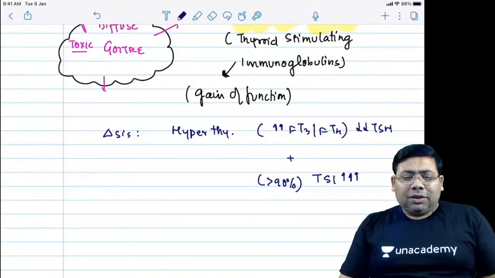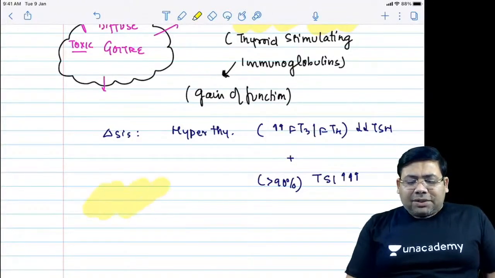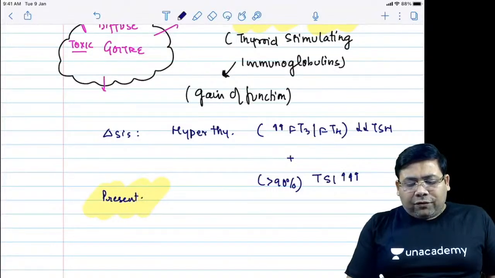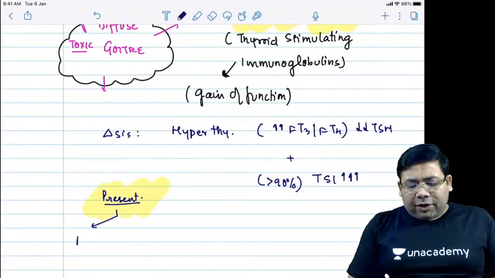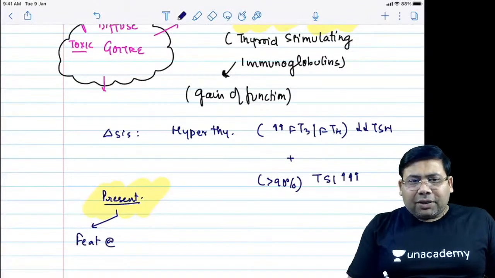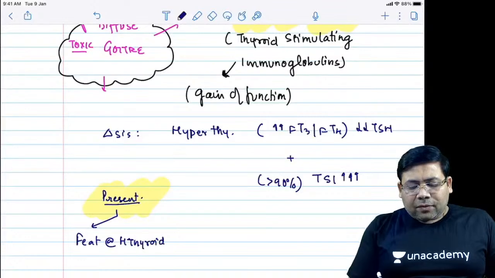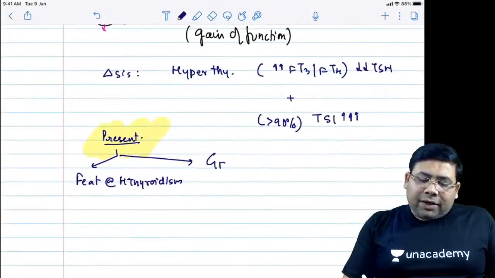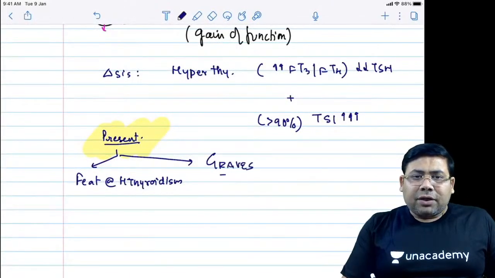Now, when we talk about the presentation, I'm not going to discuss that part. We have a lot of features of hyperthyroidism, and then we also have some Graves specific features.